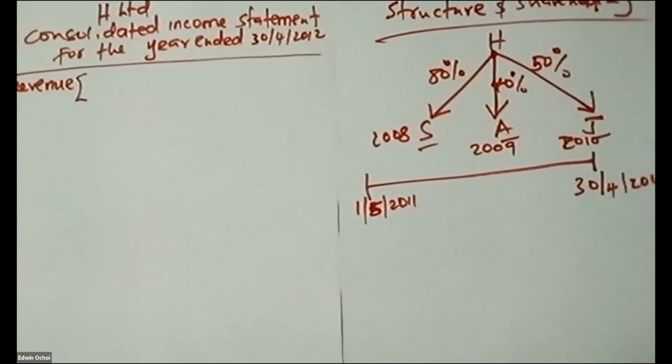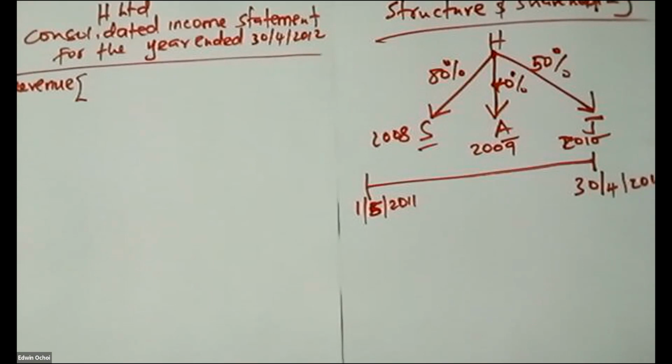In the previous years, they had been preparing their consolidated statements. So what you are given is the statement for the current year, starting 1st May 2011, ending 30th April 2012.